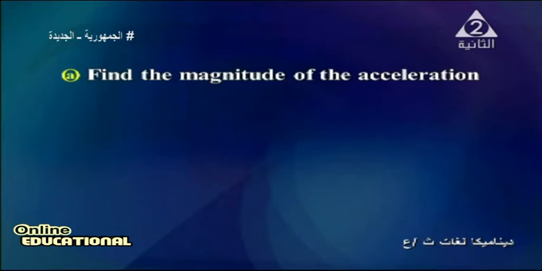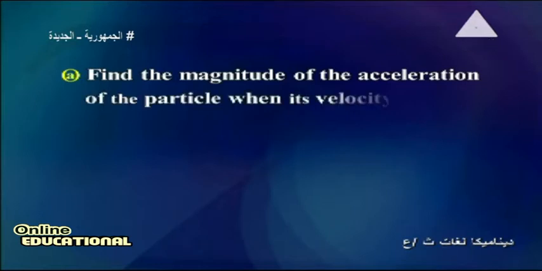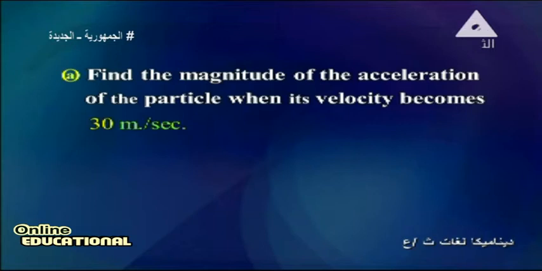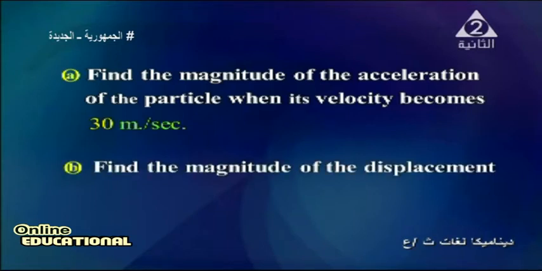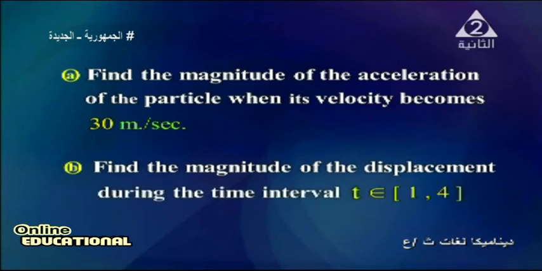Find the magnitude of the acceleration of the particle when its velocity becomes 30 meter per second. The second required: find the magnitude of the displacement during the time interval t belongs to the closed interval 1 to 4.